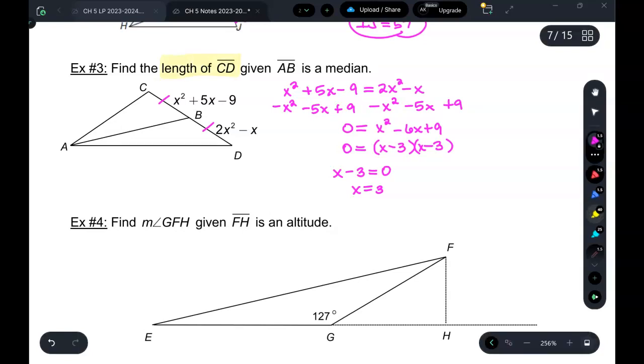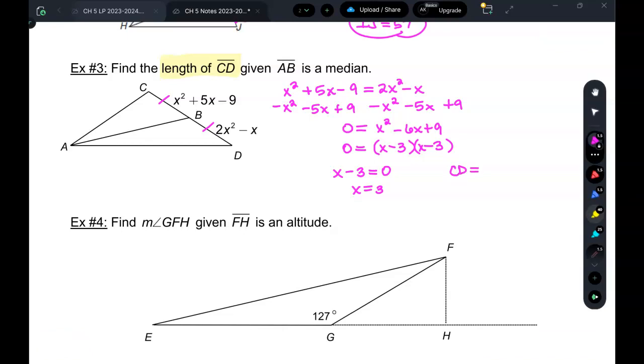Okay, so the length of CD. We're going to plug 3 in here. 3 squared will be 9, plus 5 times 3, so 9 plus 15, minus 9, so just 15.